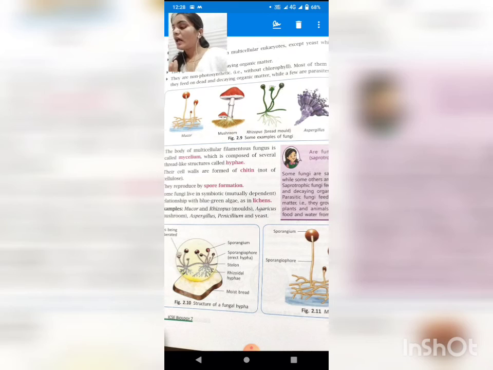Some fungi live in a symbiotic relationship. Sometimes they combine with algae also. If one alga and one fungus live together, they are known as symbionts, and the example of it is lichen.